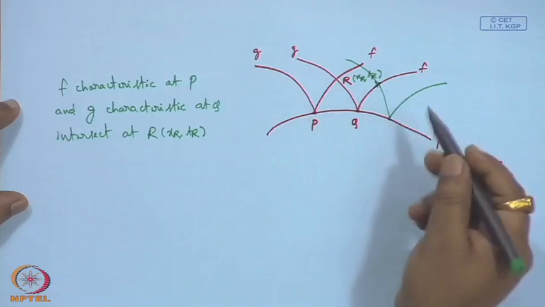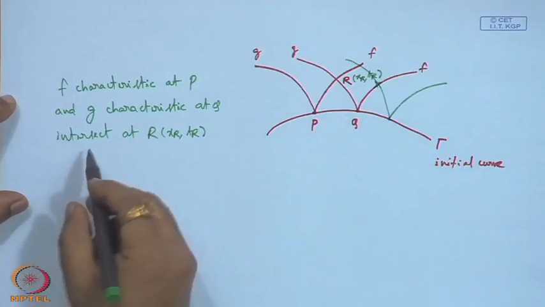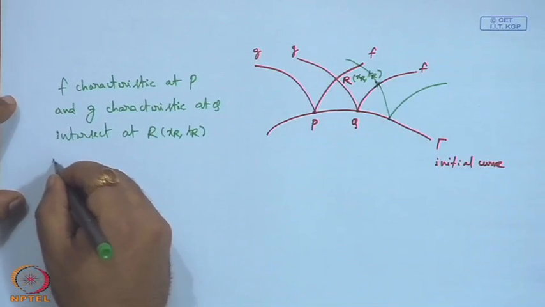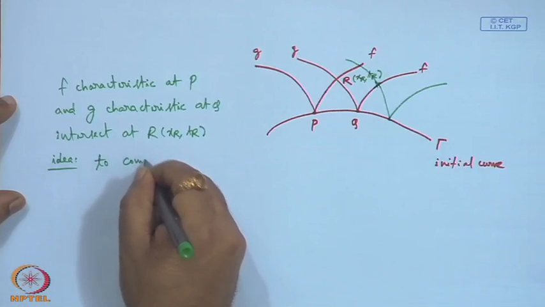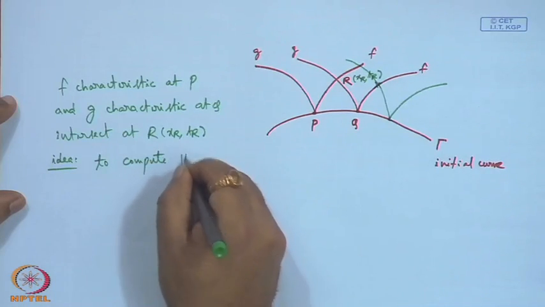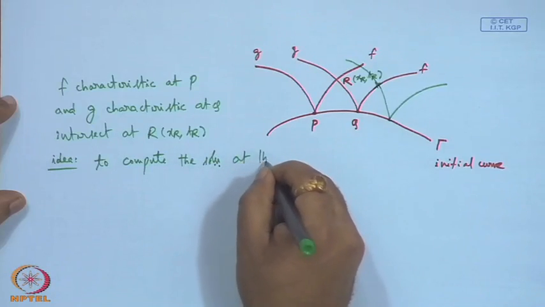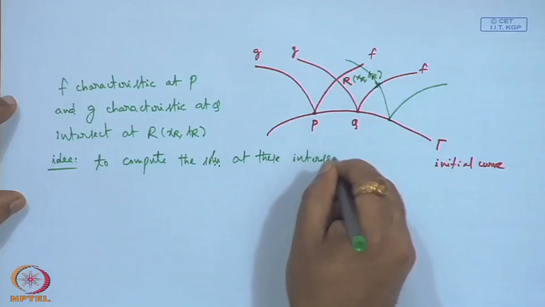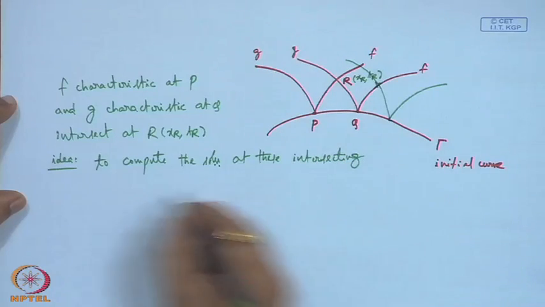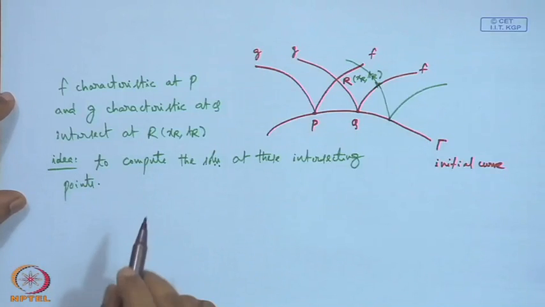That is how numerically we would like to compute. So, the idea is to compute the solution at intersecting points.